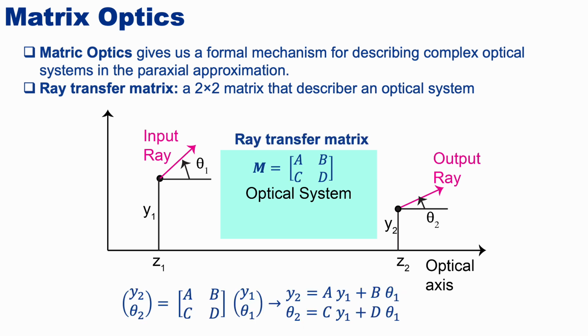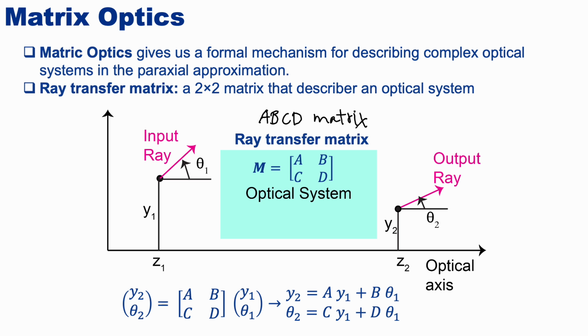So the ray transfer matrix is a 2 by 2, so we usually call it the ABCD matrix. So every time that you hear about the ABCD matrix, it means that your optical system is defined by a 2 by 2 matrix.